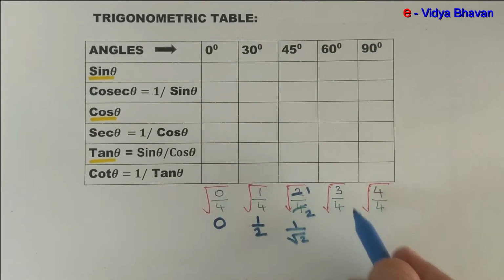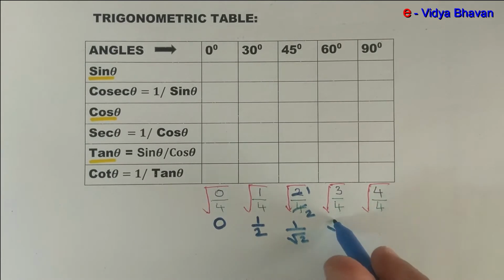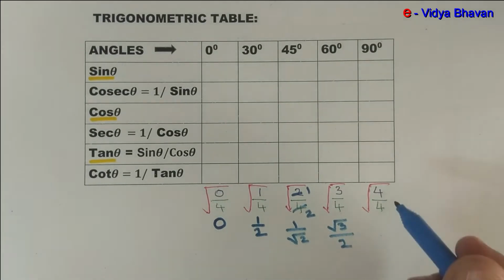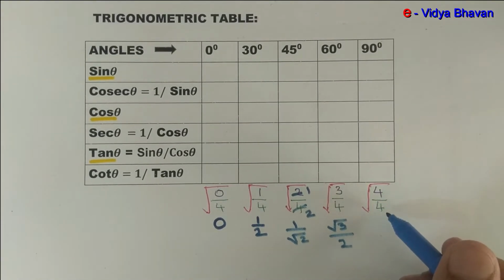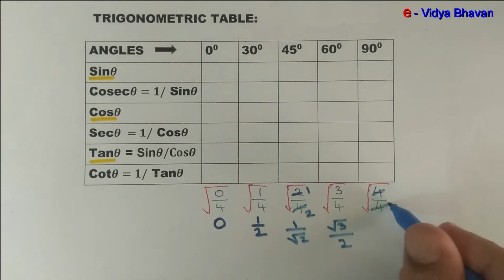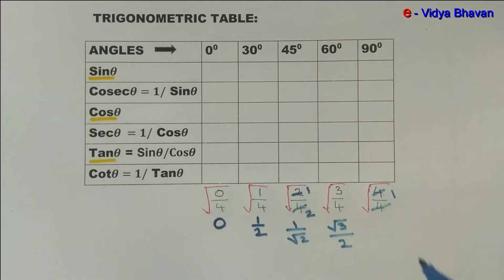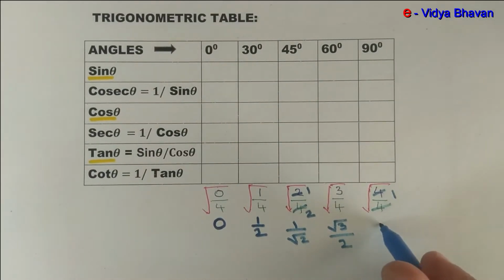Square root of 3 upon 4 will give root 3 upon square root of 4, which is 2. Square root of 4 upon 4: we cancel 4 and 4 and get 1, so square root of 1 is 1.